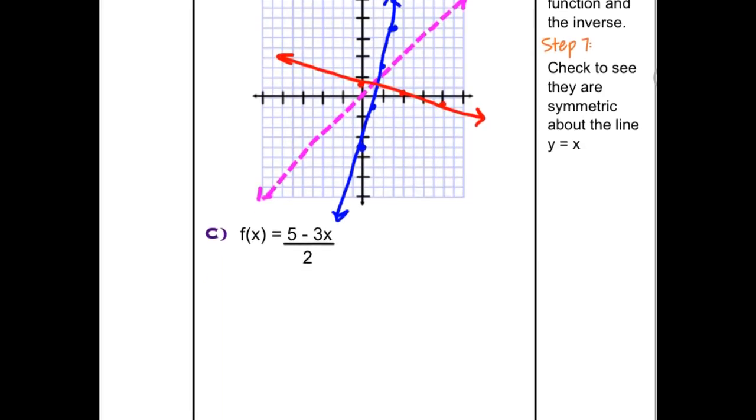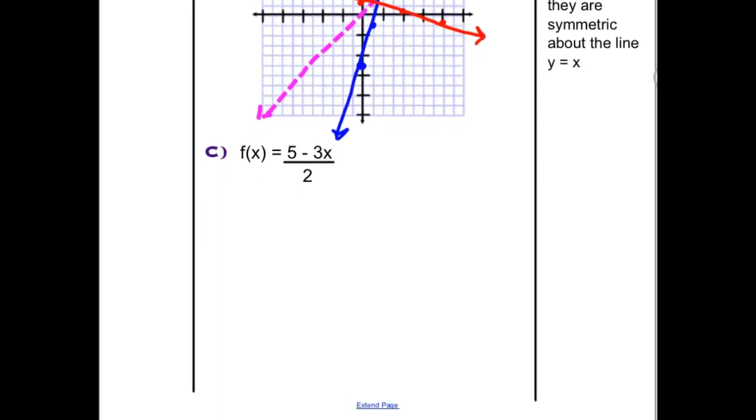So now I want to algebraically find the inverse of f of x equal to 5 minus 3x over 2. Remember, first step is to rewrite it with y instead of f of x. So y equals 5 minus 3x over 2. Second step, switch x and y with each other.